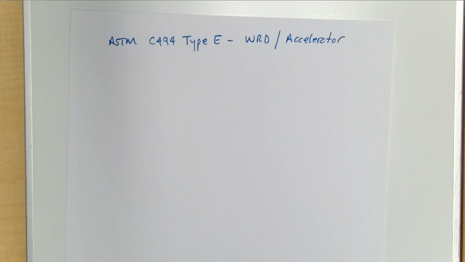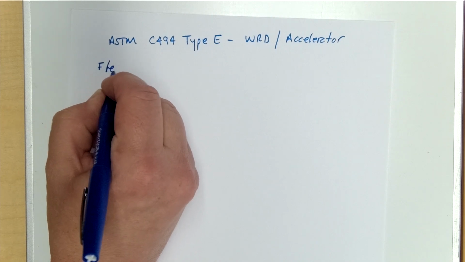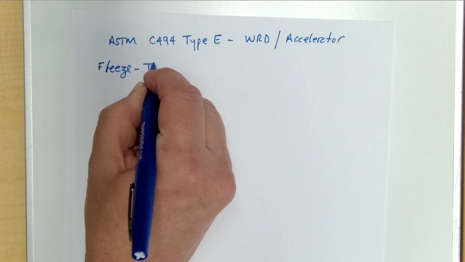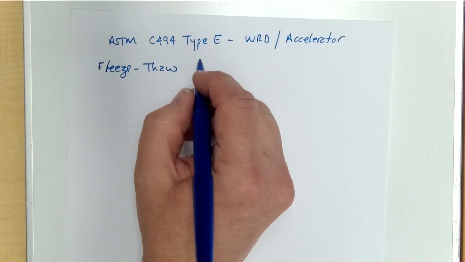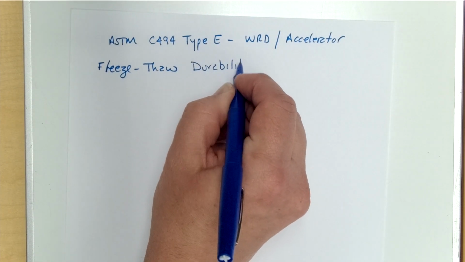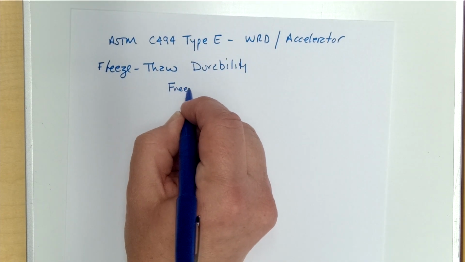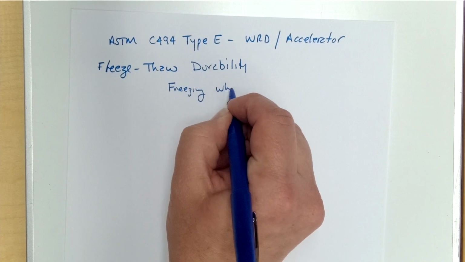We need to worry about freeze-thaw durability. And this is distinct and different from frozen concrete in the plastic state. This is hardened concrete that's exposed to freezing when saturated.